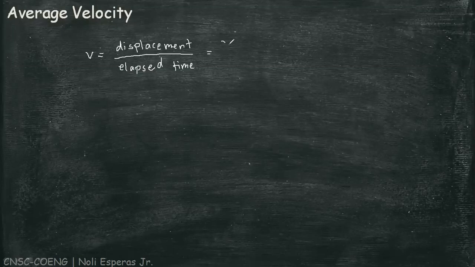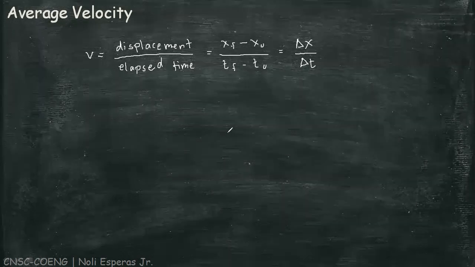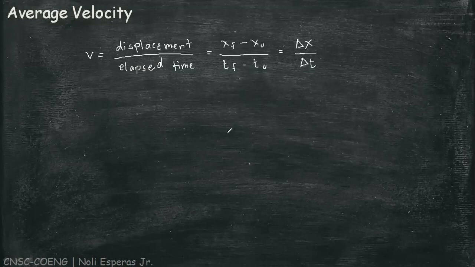So we have displacement equal to final position minus initial position, where elapsed time is final time minus initial time, which is equal to delta x over delta t. So let's say we have an object that moves from position 2 meters from a tree, then moves farther, let's say 5 meters away from the tree.